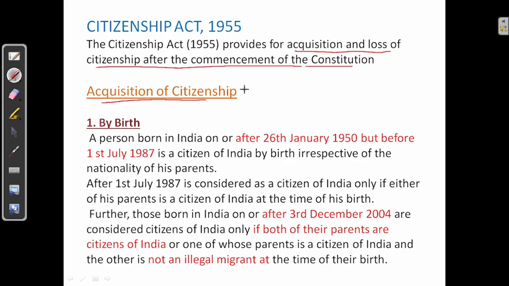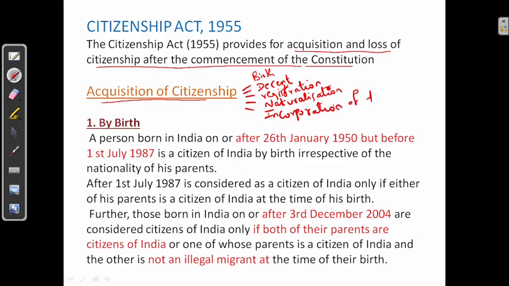Acquisition of citizenship is done by, first, by birth, next by descent, by registration, by naturalization, by incorporation of territory.